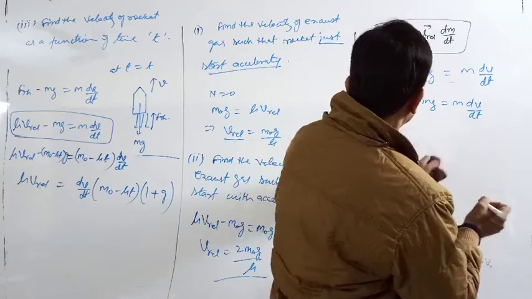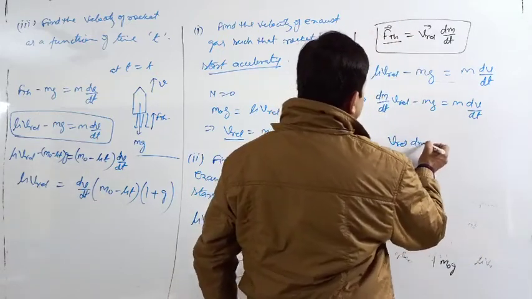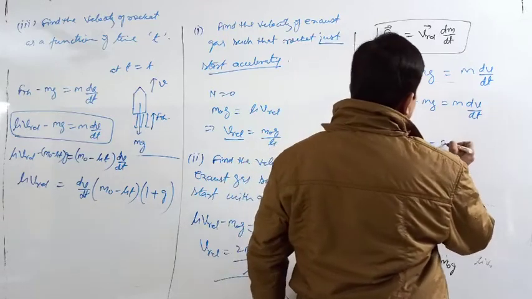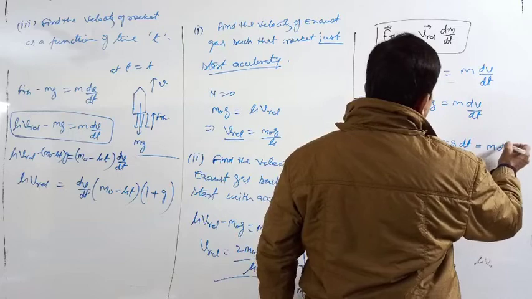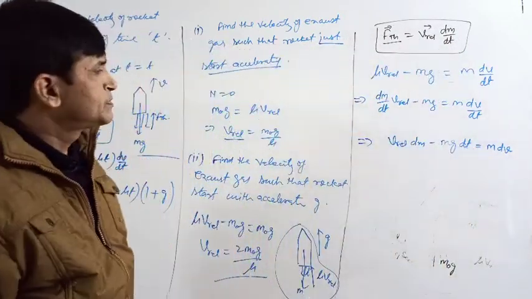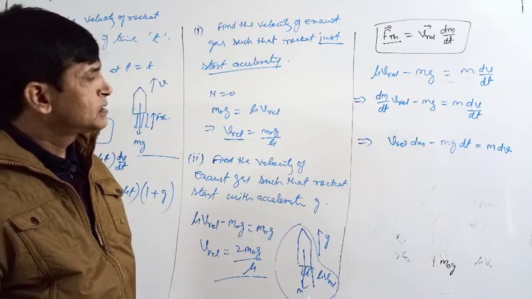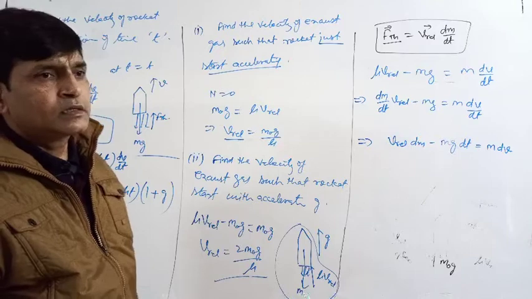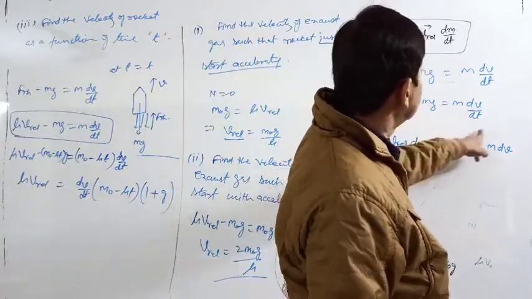V relative dm minus mg dt equals m dv. Can you write it like this? Any problem in this? I just multiplied with dt.